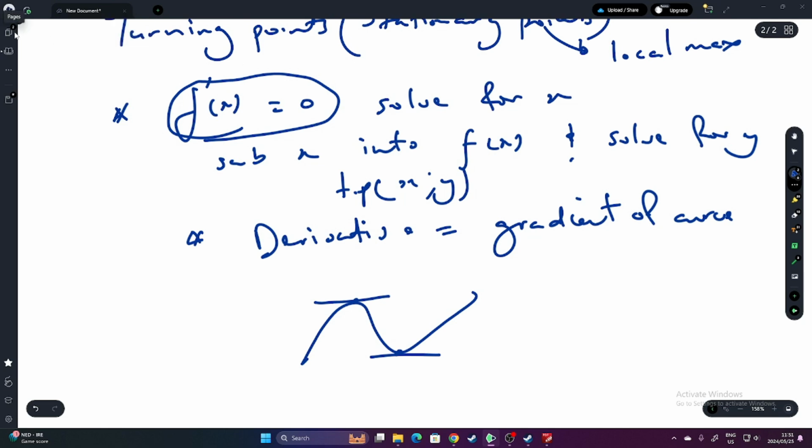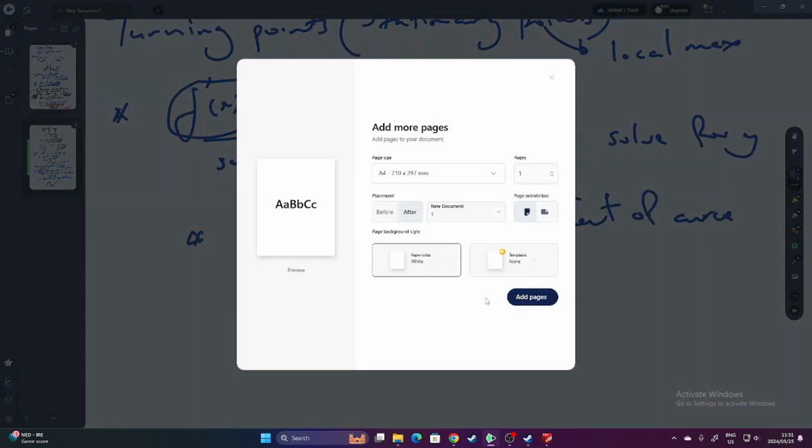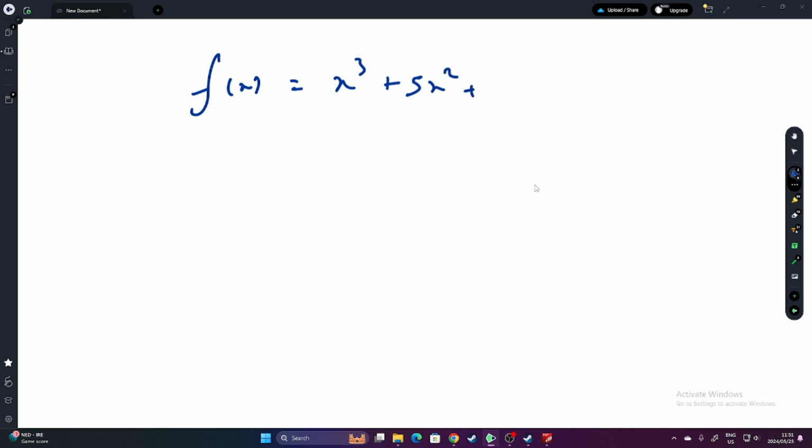So, from here, let's take the same equation that we were working with, right? And let's find this derivative. Then set it equal to 0. So our original equation is f of x is equal to x cubed plus 5x squared plus 3x minus 9.